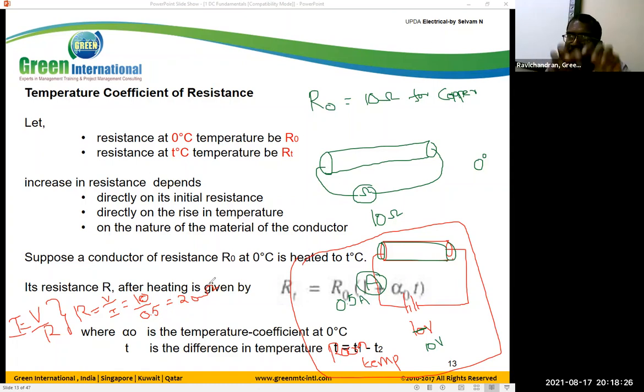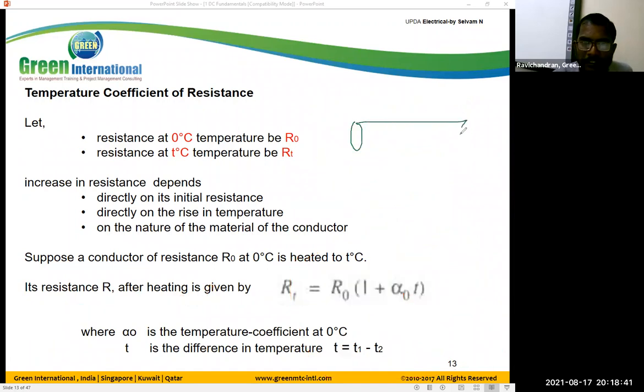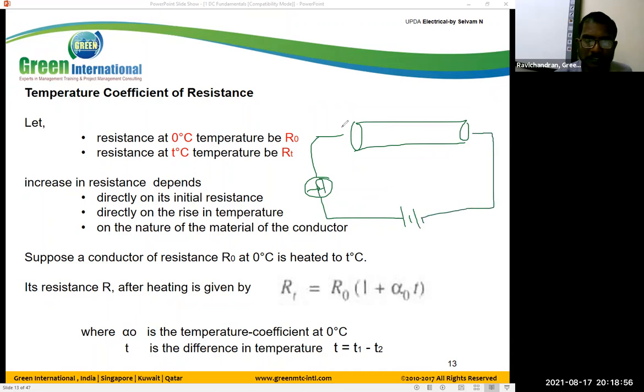Now I take that wire, give the voltage, and measure the current, and the resistance value is 20 ohm.